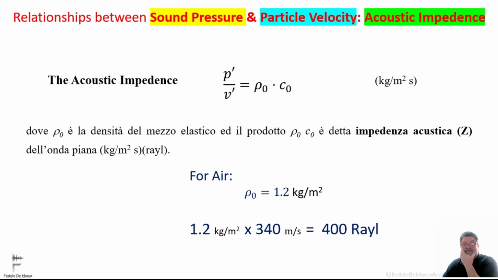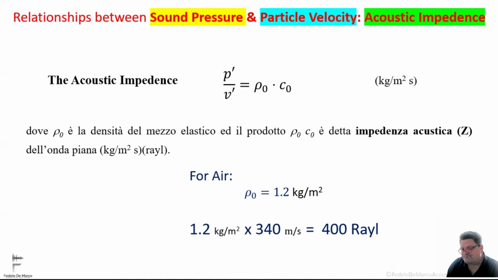Rho zero is the density of air, which is equal to plus or minus 1.2. In reality, wavefronts are often curved. We will see this later in the course when we talk about sound propagation.